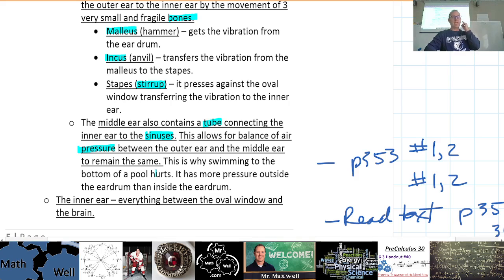There is a tube connecting your inner ear to your mouth, and when you swallow, or chew gum, you'll hear a little crunching sound in your ear. That's this tube opening and closing to balance the pressure from outside to inside your head.